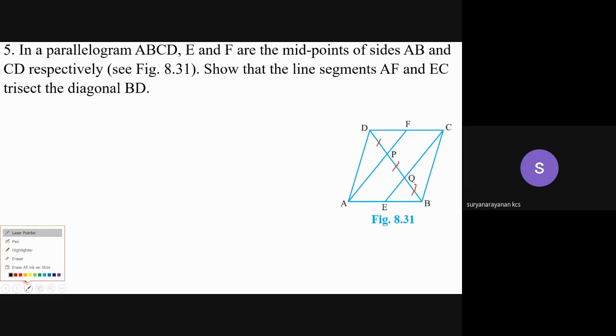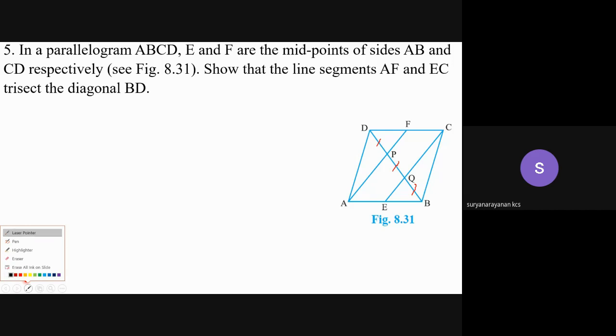So on rough paper, write down this point. What are the opposite sides of this parallelogram and which sides are equal?